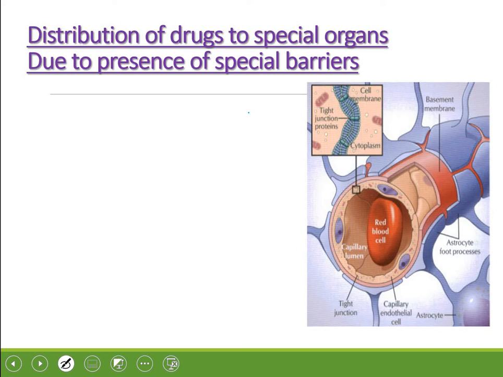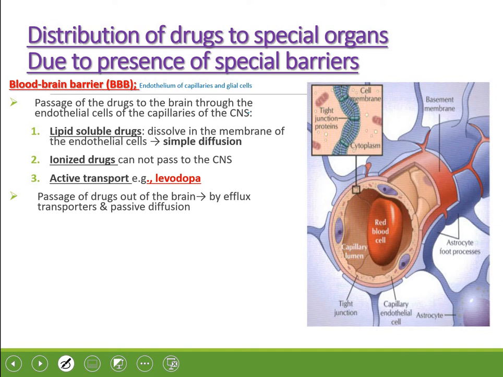Before we go to the volume of distribution, let us discuss the distribution of drugs to some special organs. Among the special organs, when we consider the blood-brain barrier, BBB, you can see this is the lumen of the capillary supplying the brain. This is a classical basement membrane, and the astrocytes are there, and you cannot find any slit or fenestration.